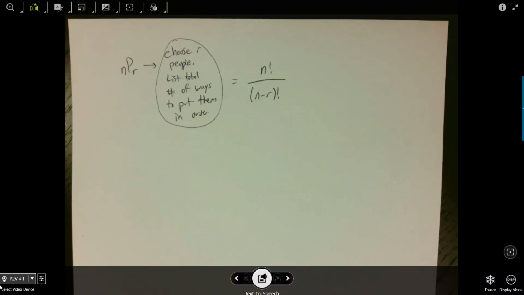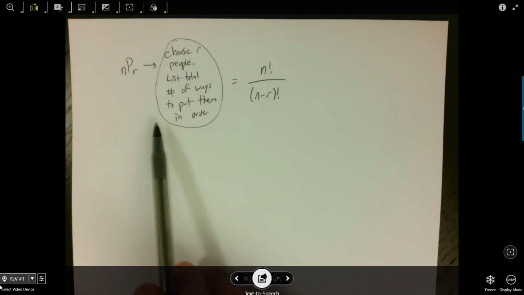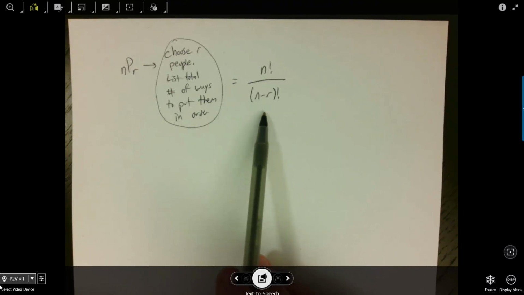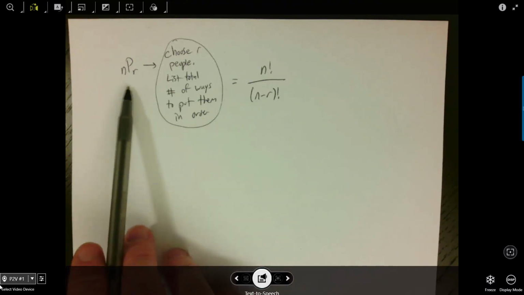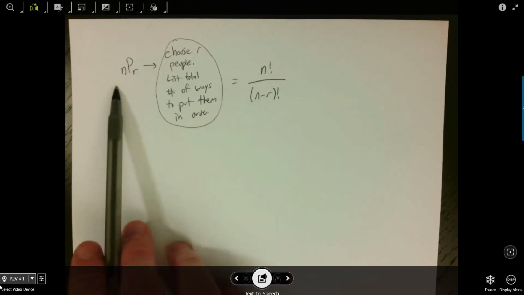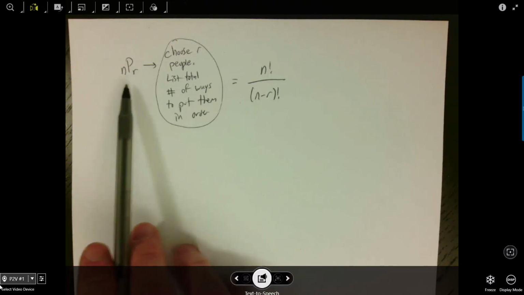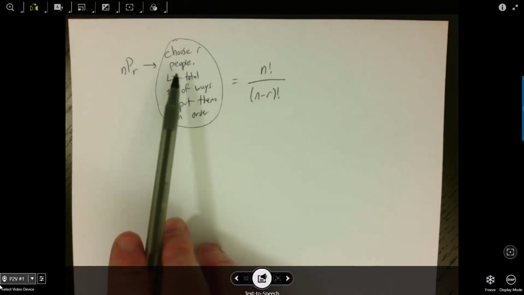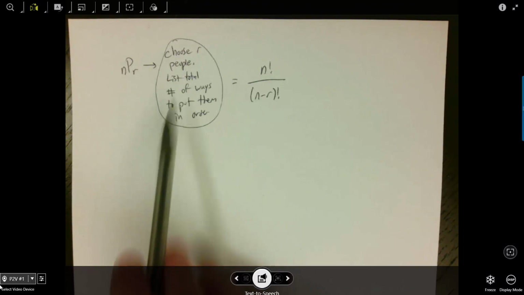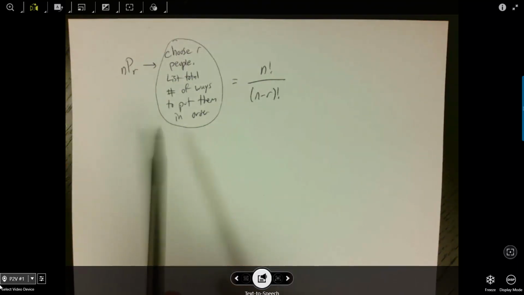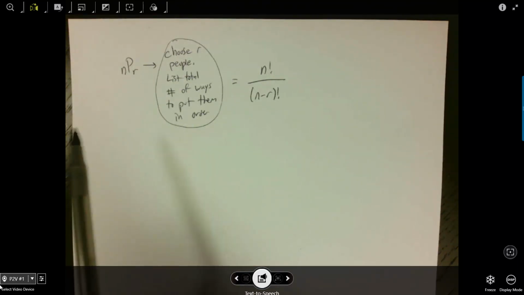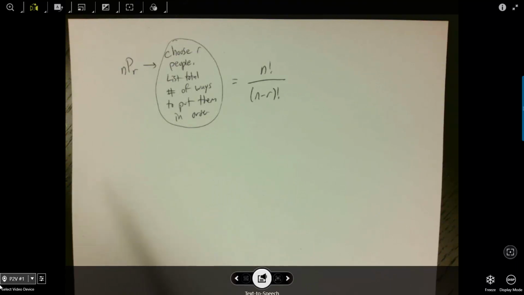So in a way, it's actually a very simple step from permutations. If you accept this equation for the number of permutations of r things chosen out of n, that's saying first choose r things, in our case people, and then list the total number of ways of putting those r choices in all their different orderings.